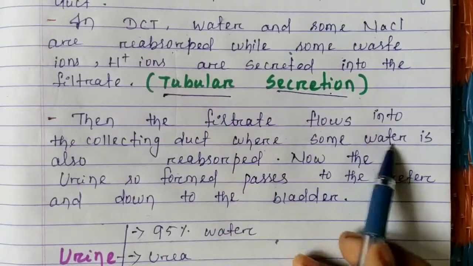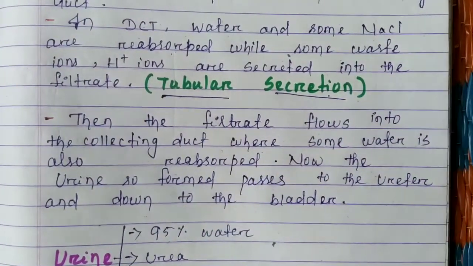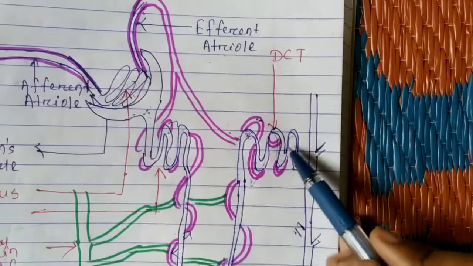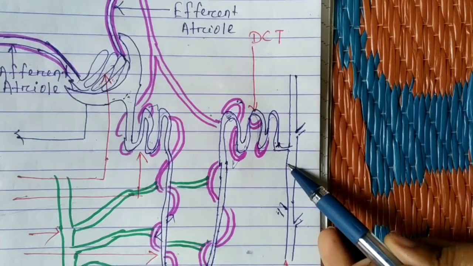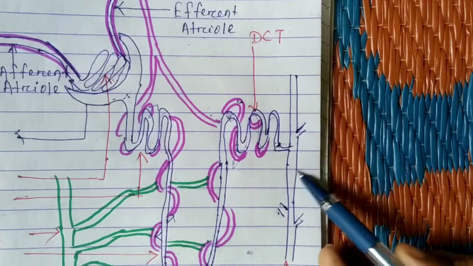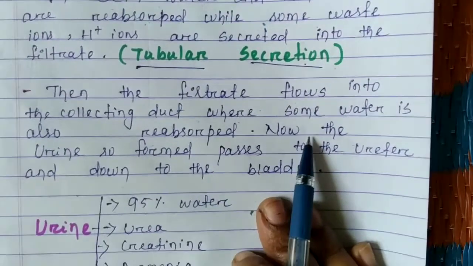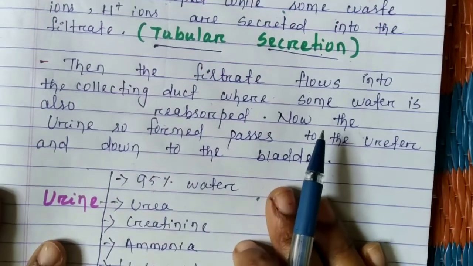Now the filtrate flows into the collecting duct. In the collecting duct also, some water is reabsorbed into the bloodstream. So that means now the urine is formed.